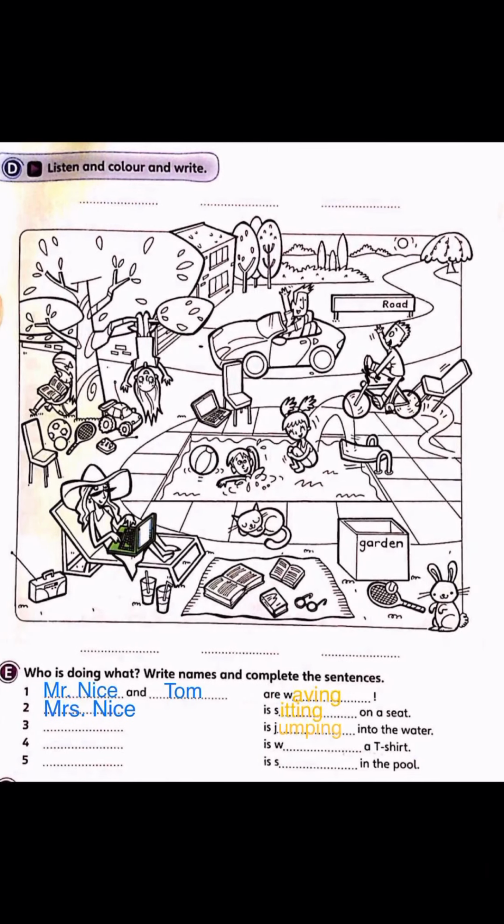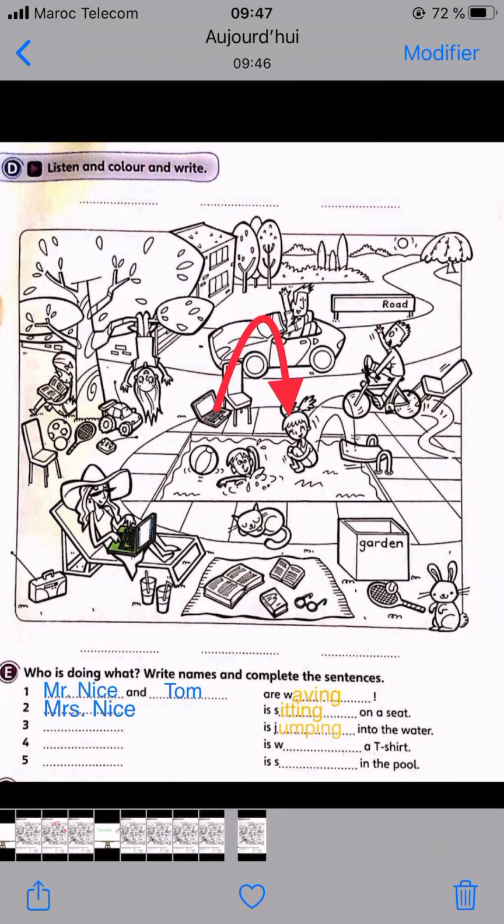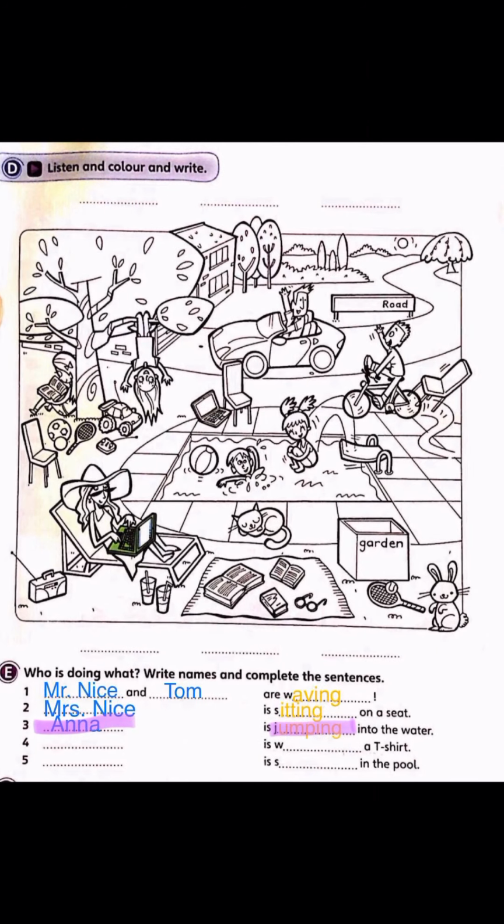Jumping is jumping into the water. Jumping into the water. And who's jumping in the water? Into the water? It's this girl here. Her name is Anna. So Anna is jumping into the water. Amazing.